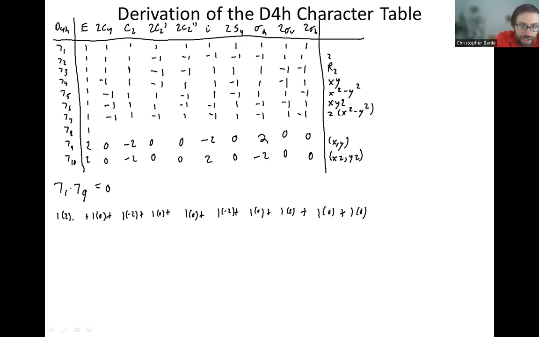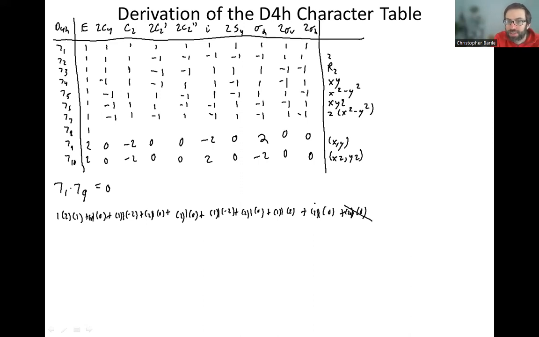So we have one identity, we have two C4s, so that's times by 2. We have one C2, we have two C2 primes, we have two C2 double primes, we have one inversion, we have two S4s, we have one sigma H, and we have two sigma V's and two sigma D's.